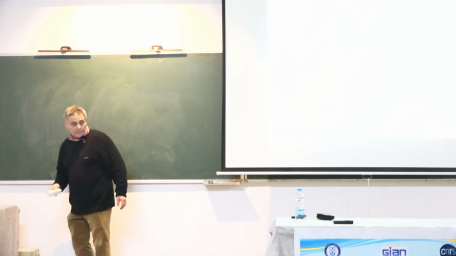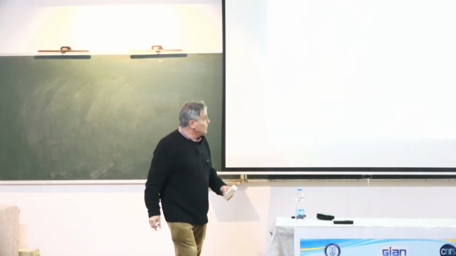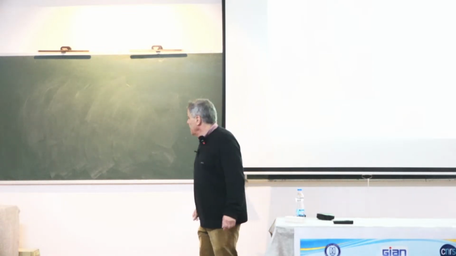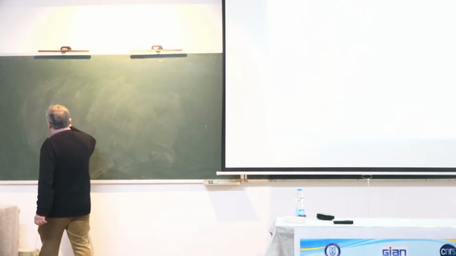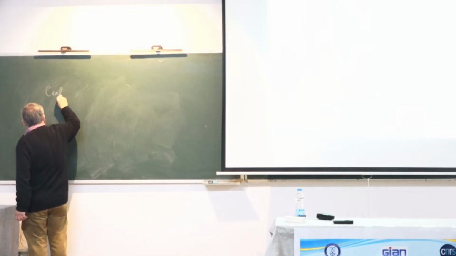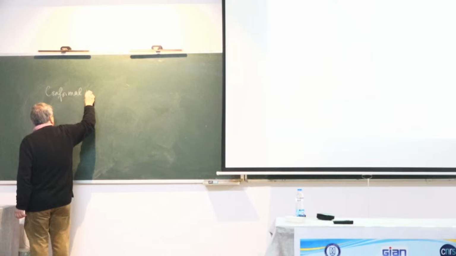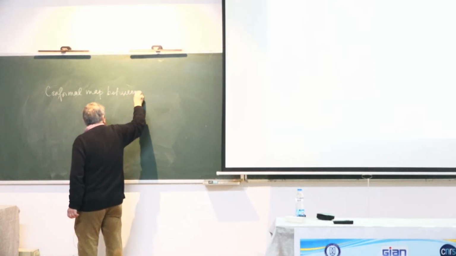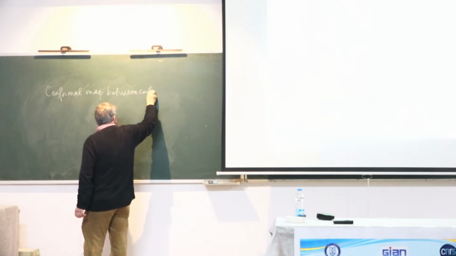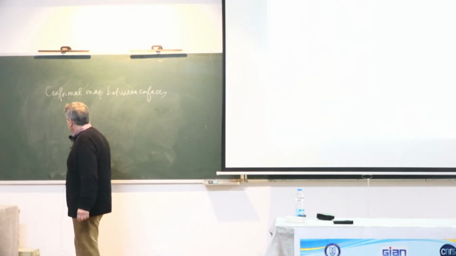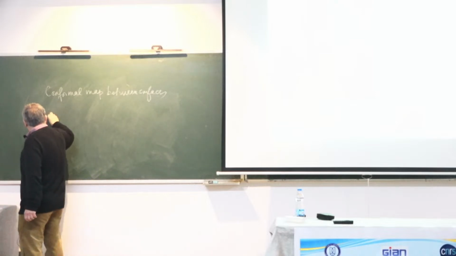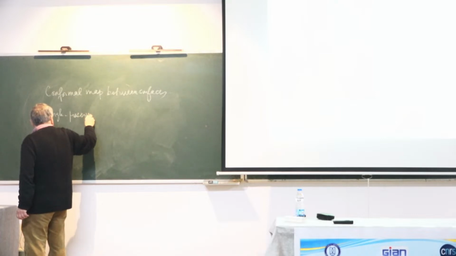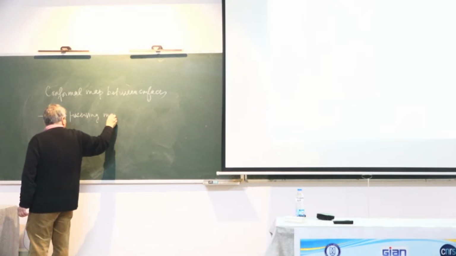Okay, so what is a conformal map? A conformal map between surfaces. I said this is an angle-preserving map.